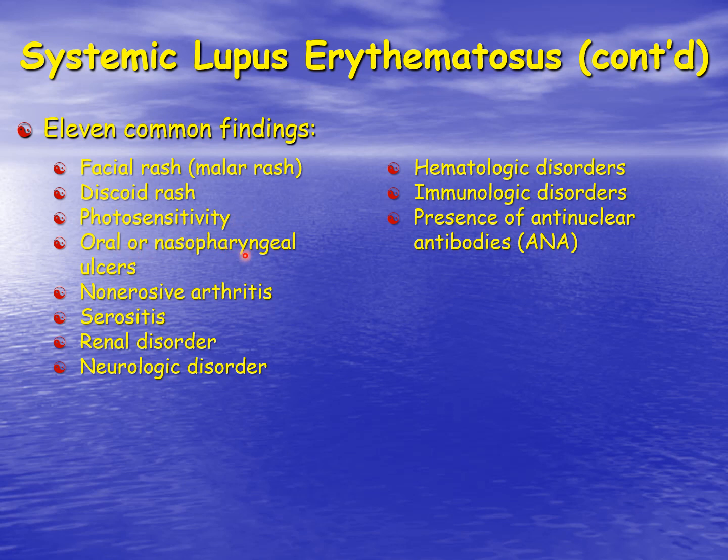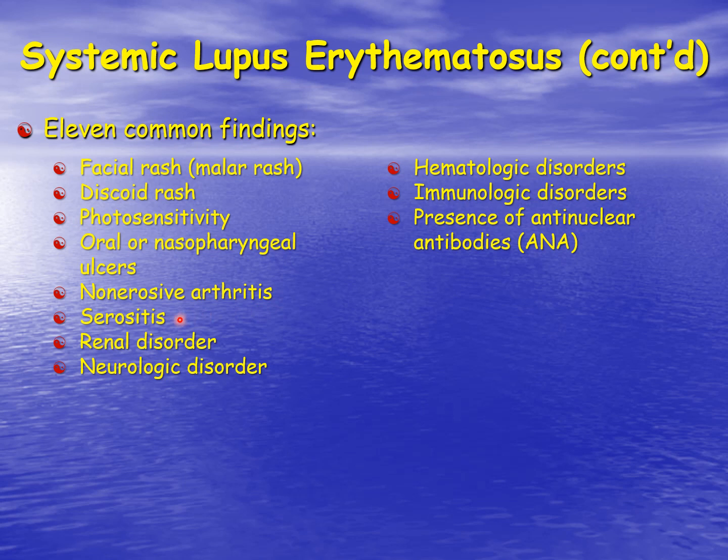Oral or nasopharyngeal ulcerations, non-erosive arthritis, and this is the rheumatoid arthritis. In fact, most geneticists now believe that rheumatoid arthritis is actually a subset of lupus. That does not mean that every lupus patient will develop RA, and not every patient with RA will go on to develop a full-blown lupus.